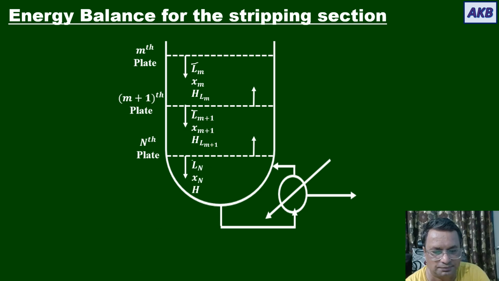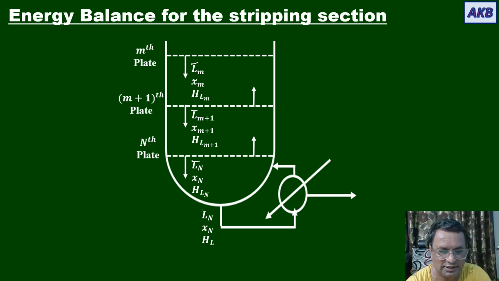Then the liquid that is coming from the last plate, that is the nth plate, will have molar flow rate of L bar n, mole fraction of A in it is xn, and enthalpy associated with it is HLn.